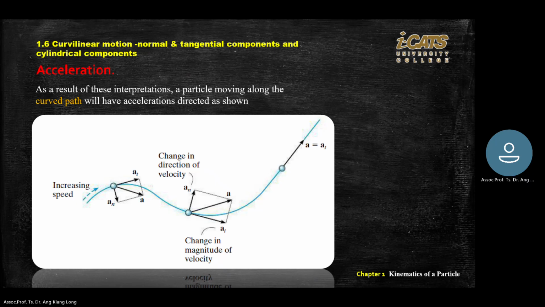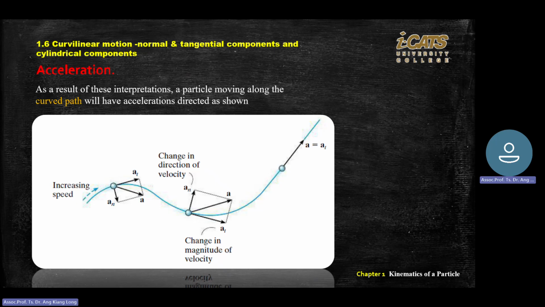Okay. The second point here, you see the arrow flips. The arrow flips because of the curve. The tangent always follows the motion and it's always 90 degrees to the normal direction. So that's why your arrow looks like this and the resultant is like this. This is what you learned from your vector chapter in mathematics.